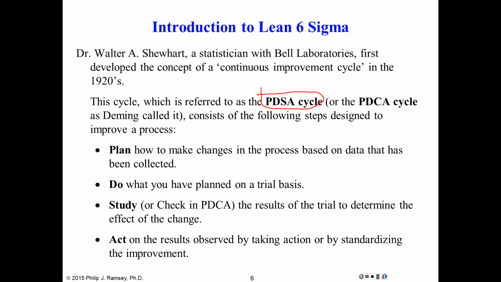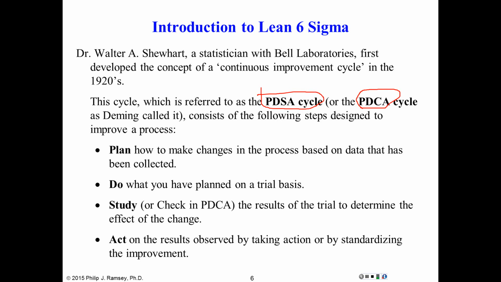He studied with Shewhart, and he learned a great deal about quality and continuous improvement from Shewhart, and actually improved upon some of Shewhart's ideas and methods. So what's called the Plan, Do, Study, Act cycle was later known as Plan, Do, Check, Act. It's a very simple, structured way to go about trying to improve a process.